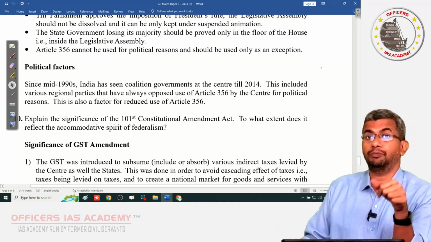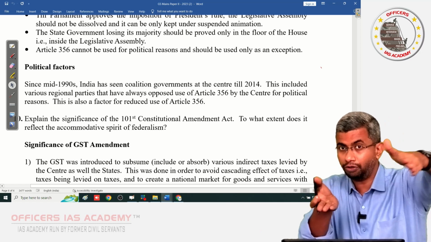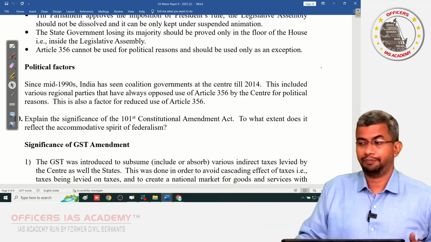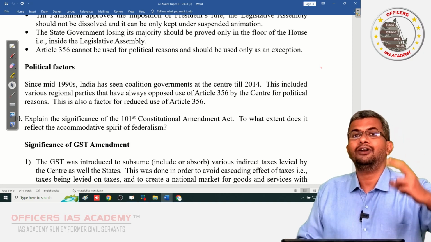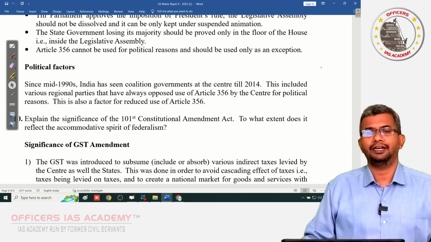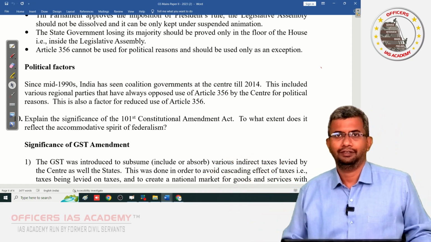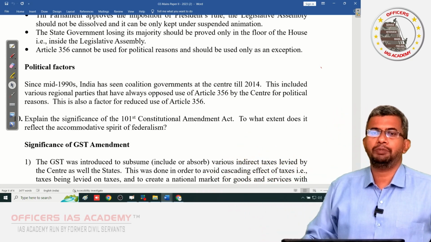The question is both legal factors and political factors, guys. Of course, legal factors is what you need to expand because that is the SR Bommai judgment. But what are the political factors? After the 1990s, we have had coalition governments from 1991 till 2014. Only now, a single party, BJP, has a majority.